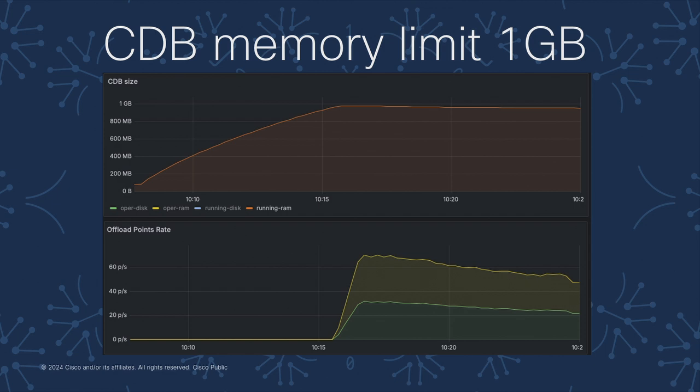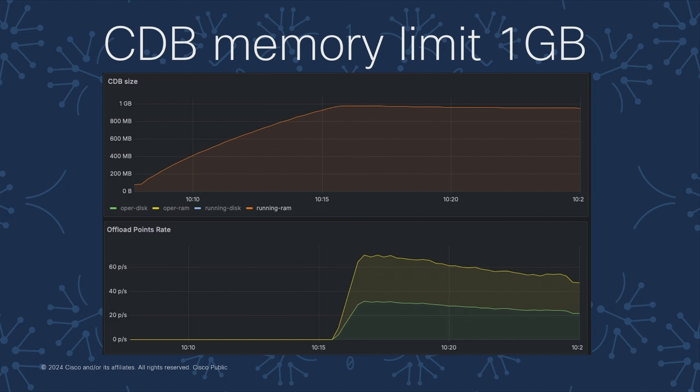And we see that data gets loaded up during the first 10 minutes of execution. And at that point, we see in the lower graphs that we start offloading data. Worth mentioning here is that we have a 1 second offloading interval.